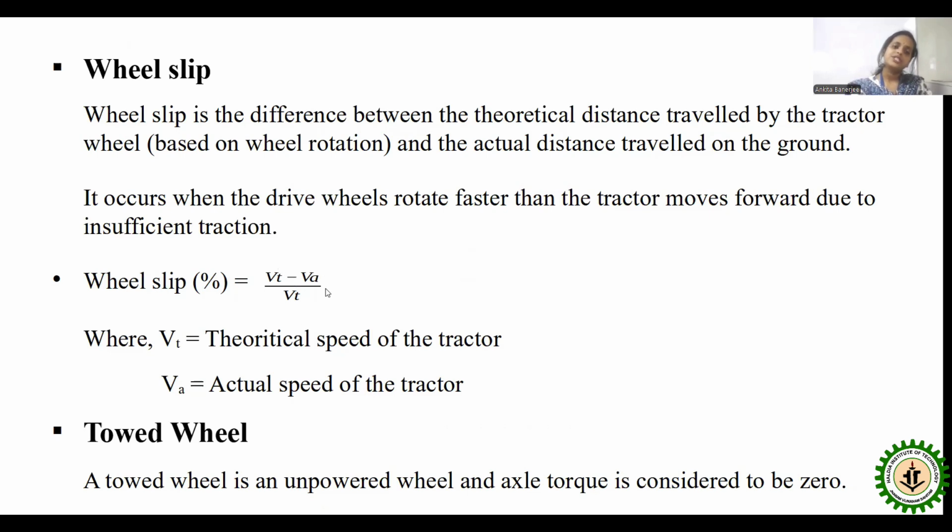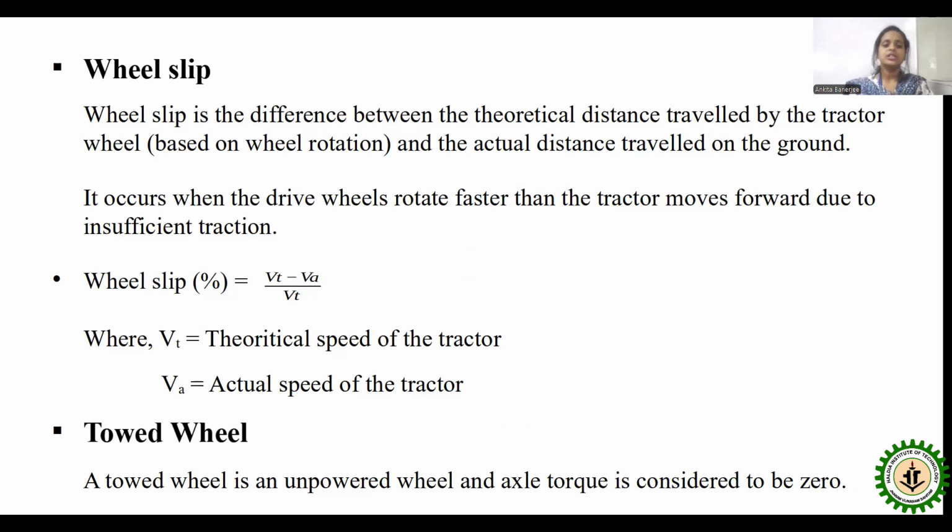The formula is Vt minus Va divided by Vt, meaning theoretical speed of the tractor minus actual speed. Actual speed is how much less than the theoretical speed. Theoretical speed is totally a myth. It won't happen in any real life circumstances. Okay, and actual speed means whatever we are getting, versus whatever we are expecting.